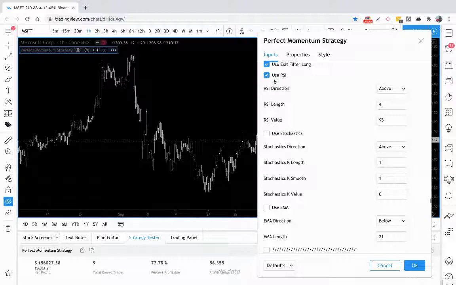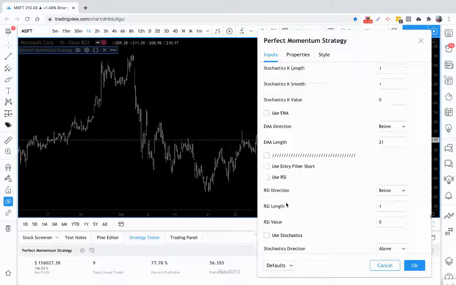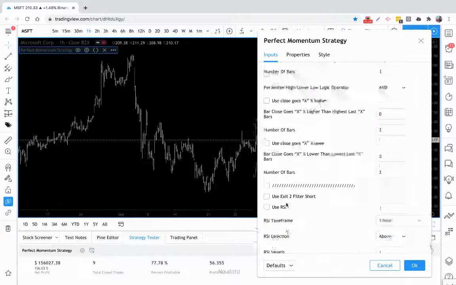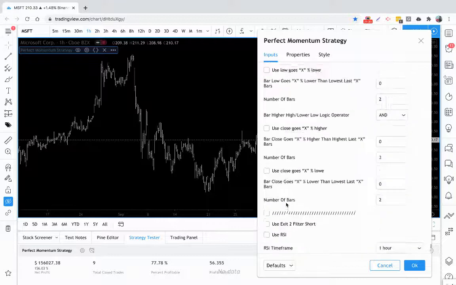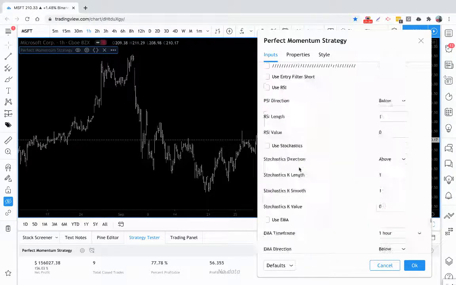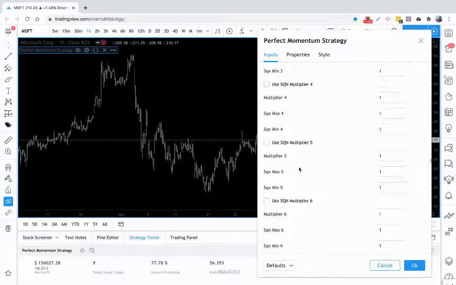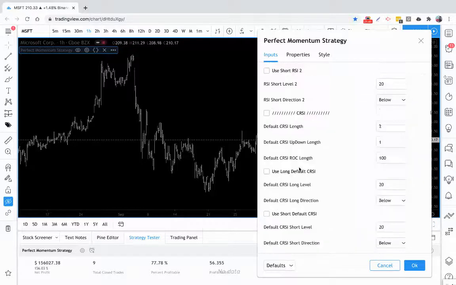And you can exit it by RSI, stochastics, or above or below an EMA. And here you have the exact same filters for your shorts that you could use for longer or shorter time frames. So there's so much you can do with the strategy and so much filtering you can do to get exact conditions of momentum that you're looking for.